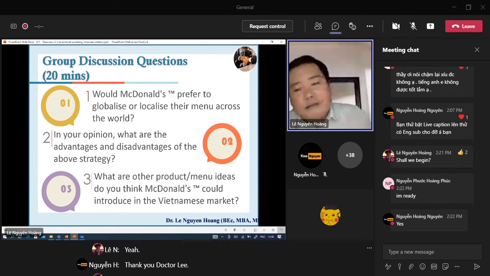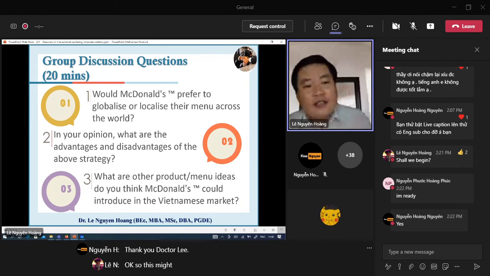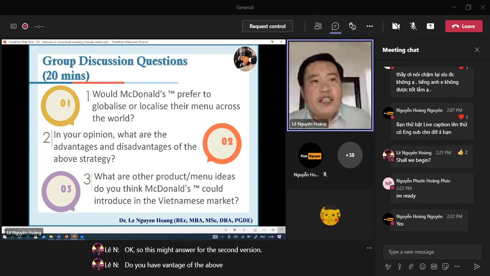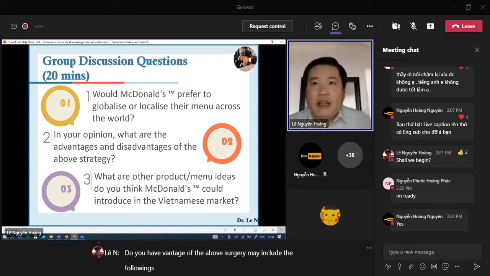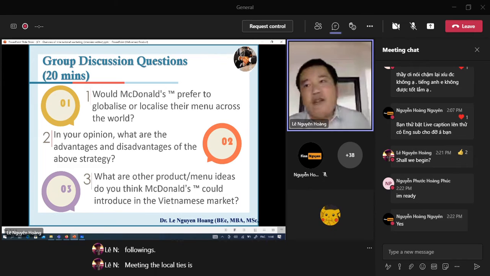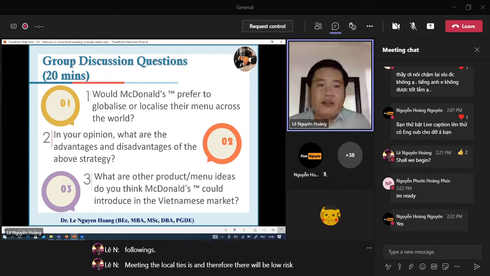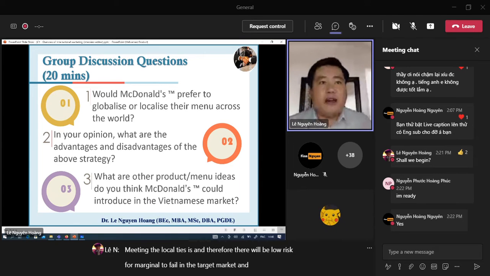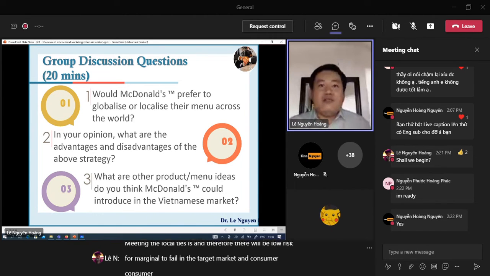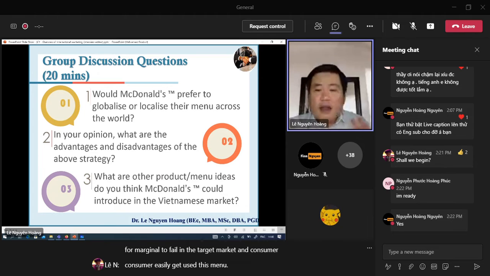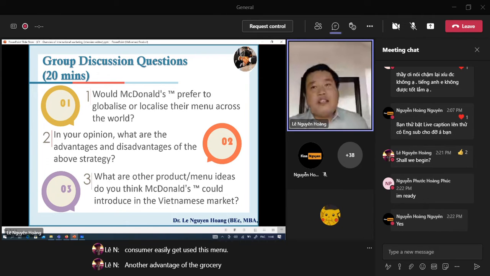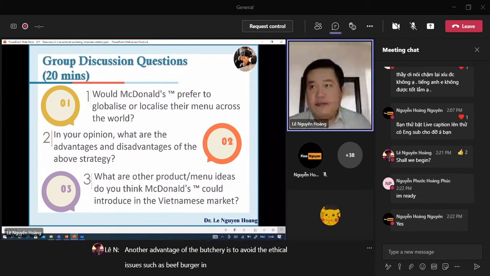Okay, so this is my answer for the second question. The advantages of the above strategy may include the following: meeting the local tastes, and therefore there will be low risk for McDonald's to fail in the target market, and the consumer easily gets used to this menu. Another advantage is to avoid ethical issues such as beef burger in India.